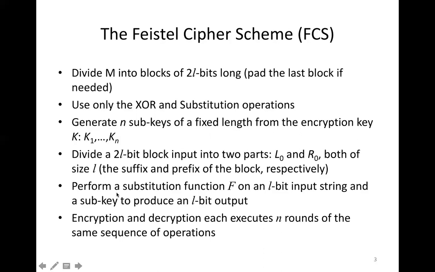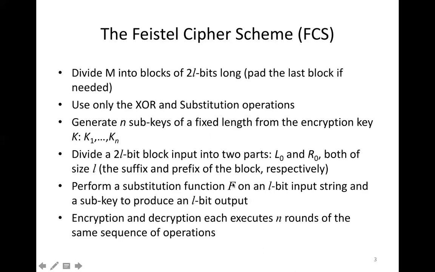And then it performs a substitution function F on an L-bit input string and a subkey to produce an L-bit output. So that's what that substitution function F does. For each round, it only operates on half of the bits.